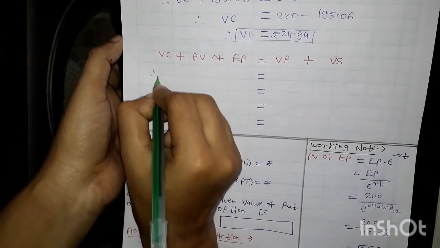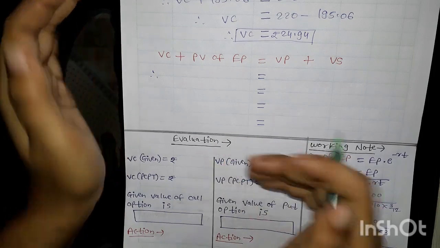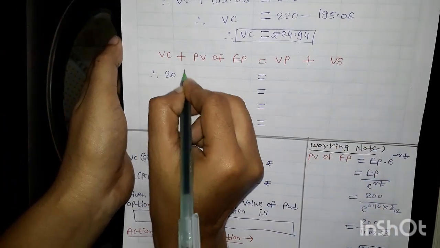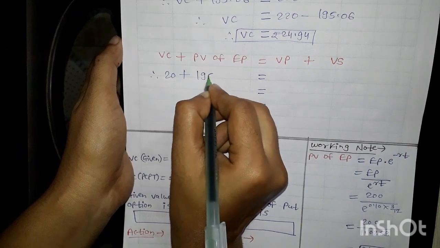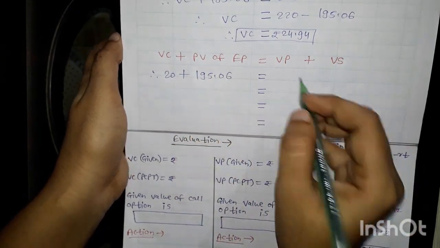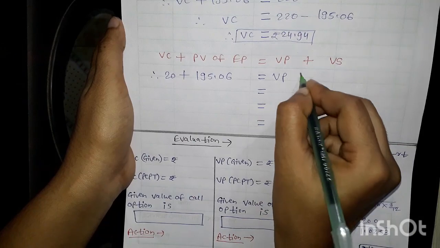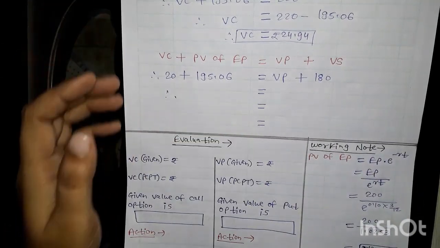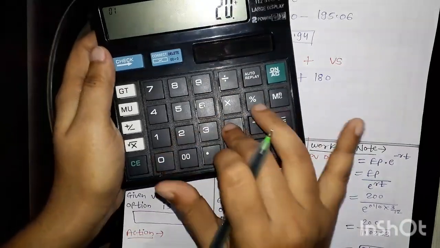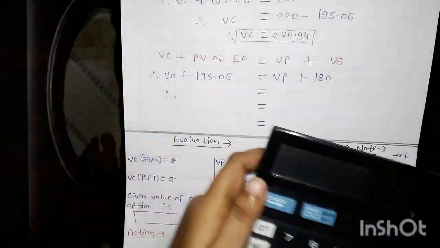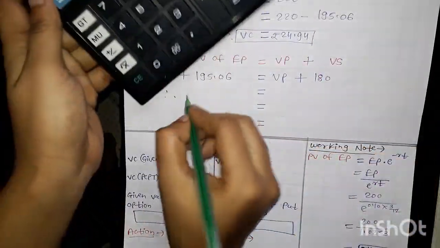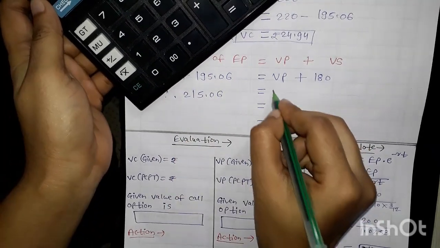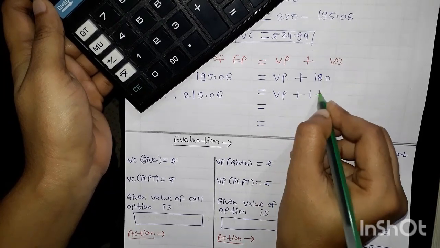Now we are going to calculate the value of a put. So we will now use the value of a call which is given in the question, that is 20, plus the present value we have just calculated, 195.06, equals the value of a put, which I don't know, plus the value of a stock, 180. Just we are going to solve this. 20 plus 195.06, so it is equal to the value of a put plus 180.